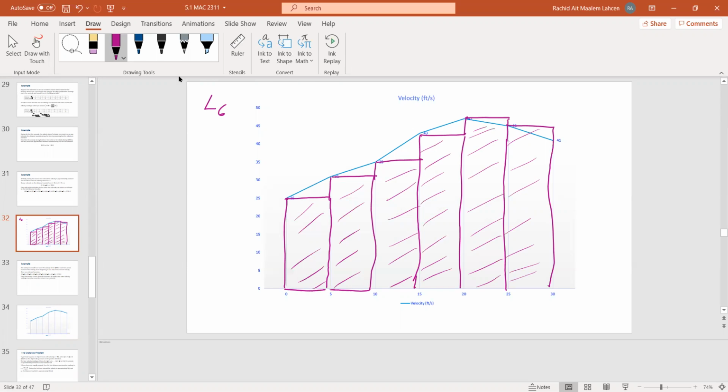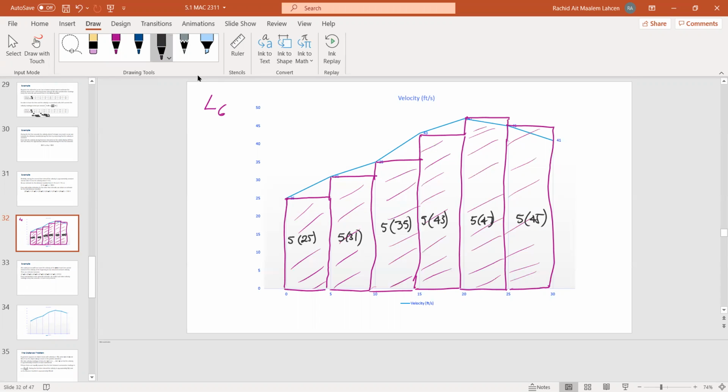Here the width is the same, 5 for each. So for this first one, it's going to be 5 times 25, right? And this one is 5 times 31, this one is 5 times 35, this is 5 times 43, this is 5 times 47, and this is 5 times 45.